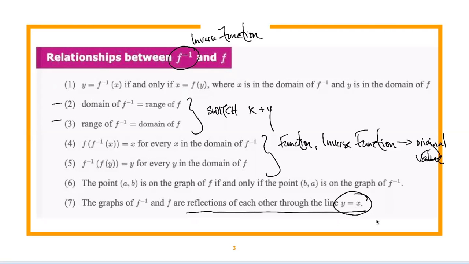So let's take a look at how these characteristics apply to inverse sine, inverse cosine, and inverse tangent. And we're going to use these to help us define the domain and range for the inverse trig function and think about the graph for the inverse trig function.